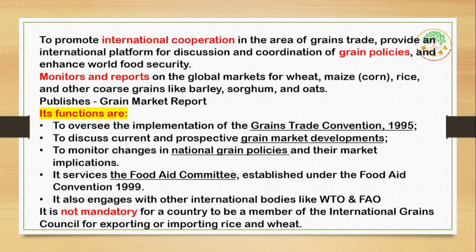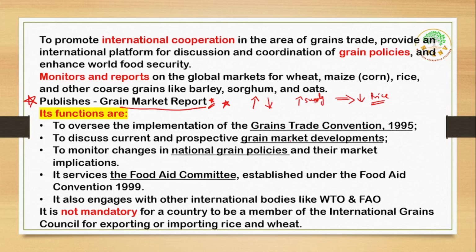IGC also monitors and provides various reports on wheat, maize, rice, and other coarse grains like barley, sorghum, oats, etc. It also publishes a report called the Grain Market Report, which shows whether the prices of the grains in the world market are going to increase or going to decrease. Like in the business line article, they had mentioned that because of the increase in supply of food grains after the COVID, this year the food grain prices might slightly fall in the international market. So that is a report released by International Grains Council.